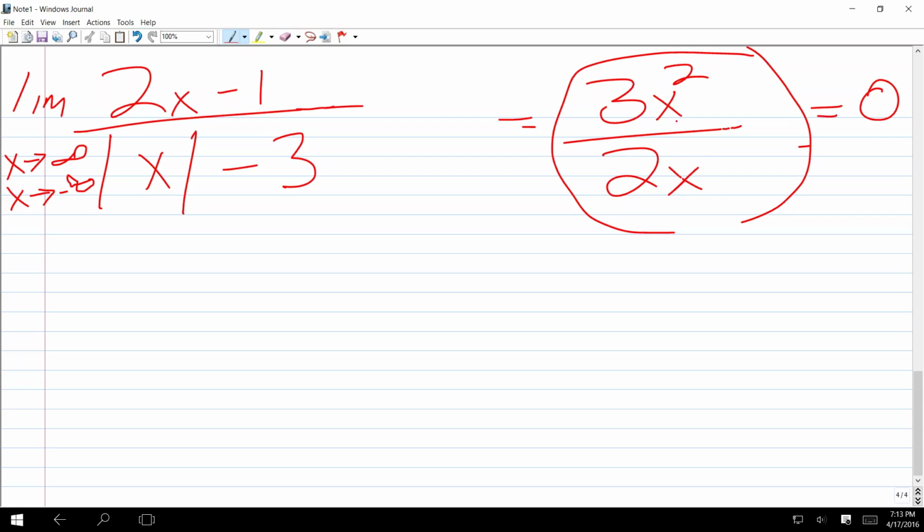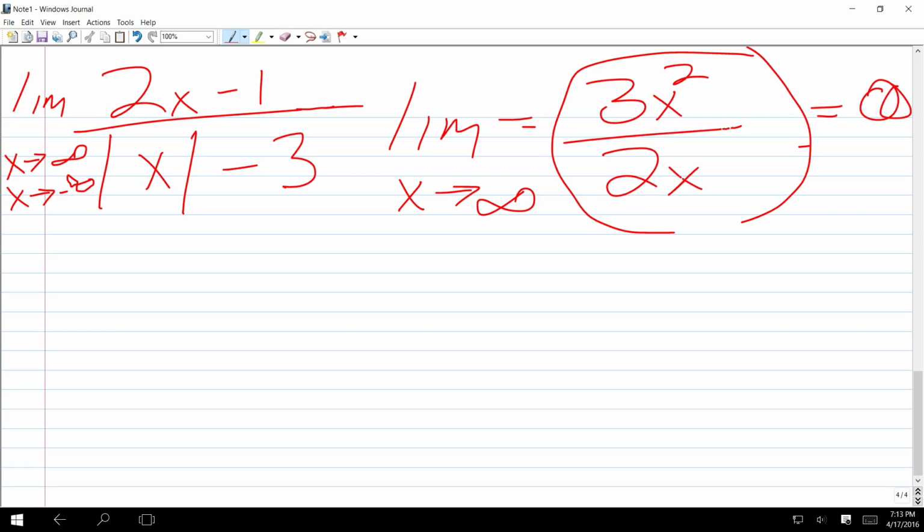If I were to make this 3x squared over 2x, and I wanted the limit of that as x goes to positive infinity, well, clearly the numerator, I can cancel one of those x's, and I'm left with an x in the numerator, so the whole thing's going to infinity.